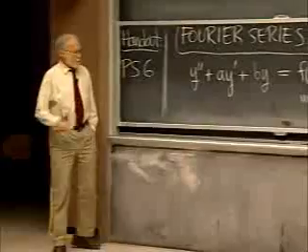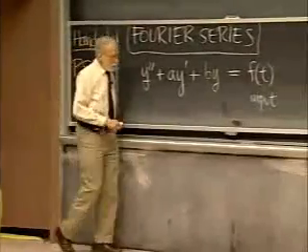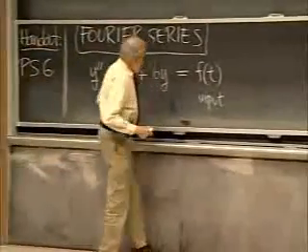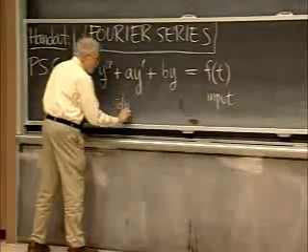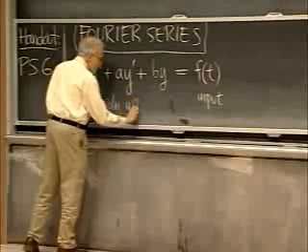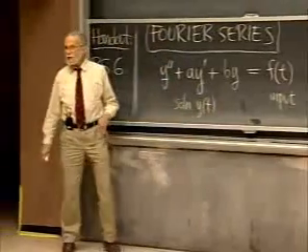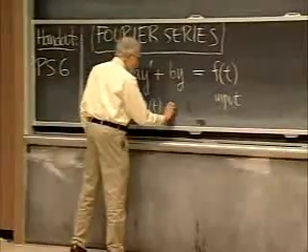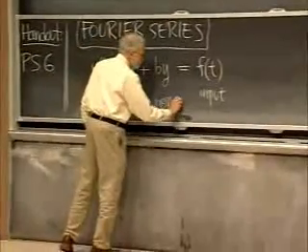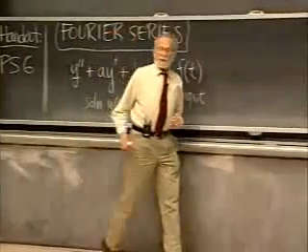And so far, the response then is the solution, the corresponding solution y of t, maybe with some given initial conditions to pick out a special one, we call the response. The response to that particular input.